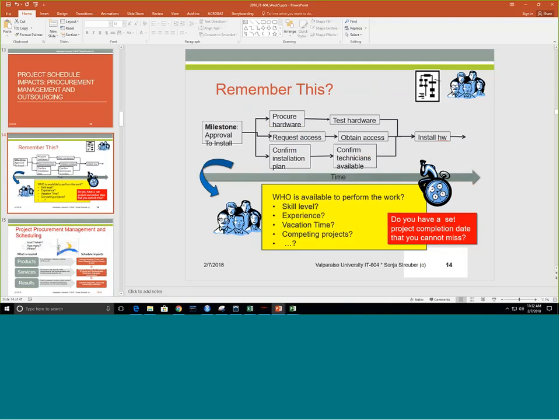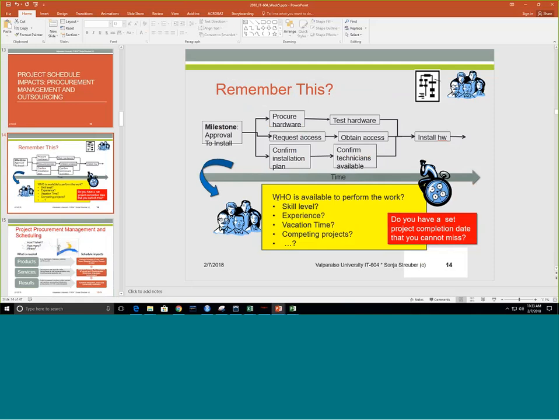So we need to really understand who is available to perform the work, and that has to be a consideration that also informs this connection that we make between tasks and the ways in which we choose to arrange the tasks, either simultaneously or in sequence.